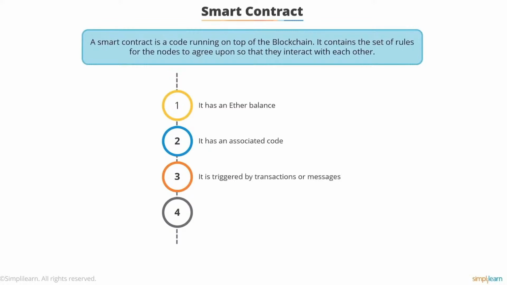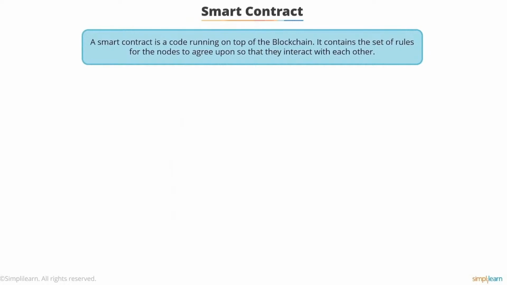Thirdly, code execution is triggered by transactions or messages received from other contracts. And fourthly, when executed, it performs operations of arbitrary complexity. Some of the advantages of smart contracts are as follows. First, a smart contract is the simplest way of implementing decentralization.